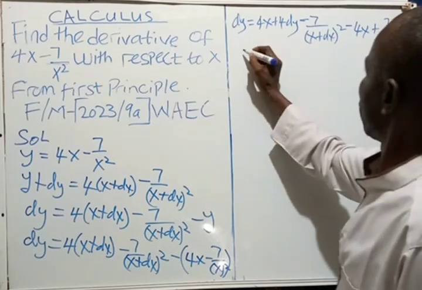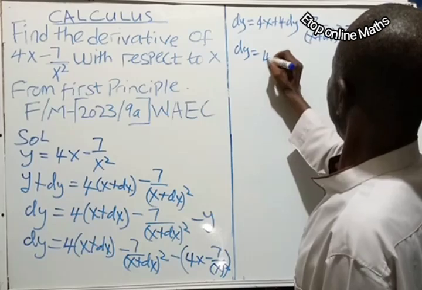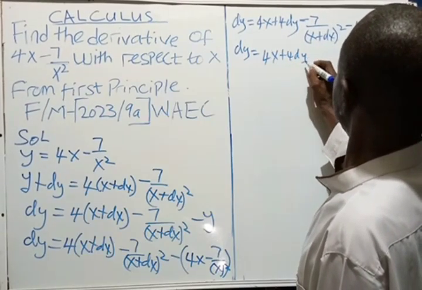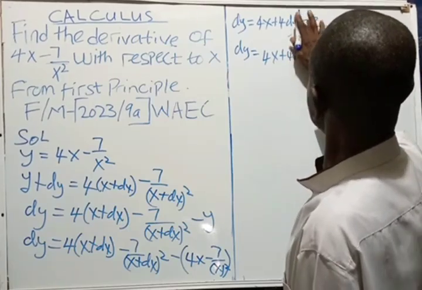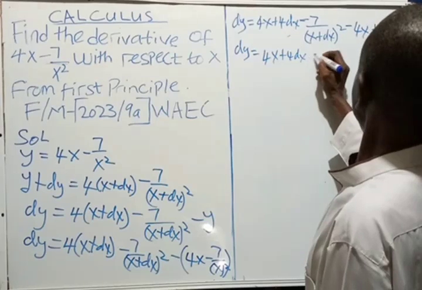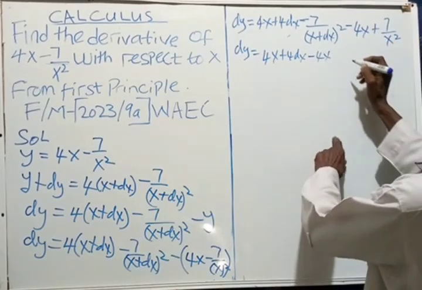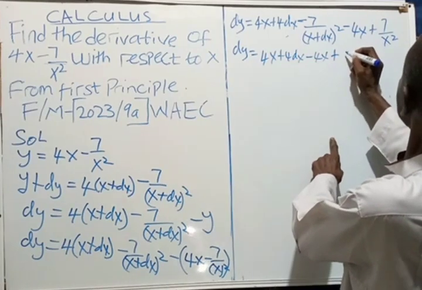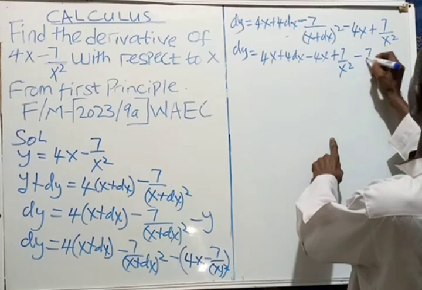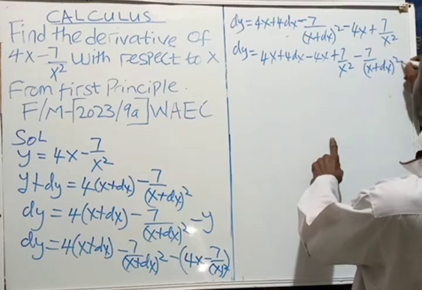So I have here dy equals 4x plus 4 dx, minus 4x plus 7 over x squared minus 7 over x plus dx raised to power 2.